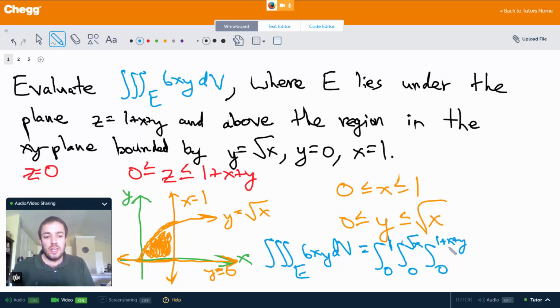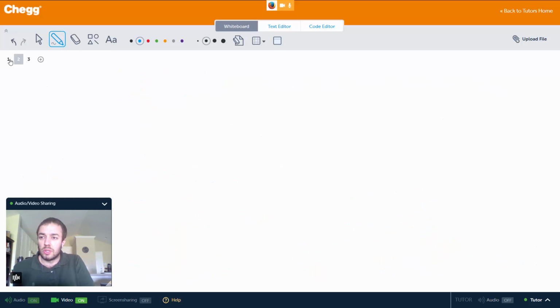Well, let's first finish this: 6xy, and dV in this case is dz dy dx. We want to integrate with respect to z first, because the limits of integration for z depend on x and y, so we have to take care of that first. Let's go to the next page and work through this.